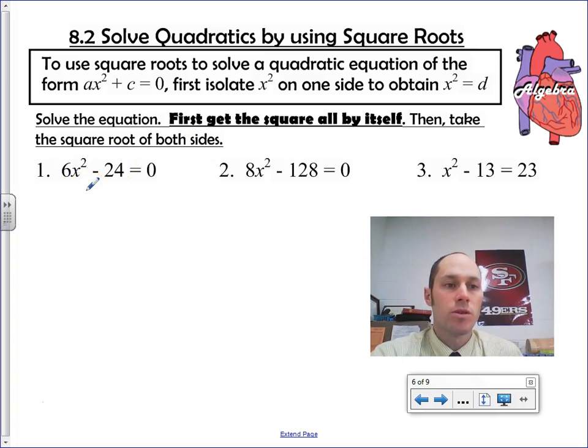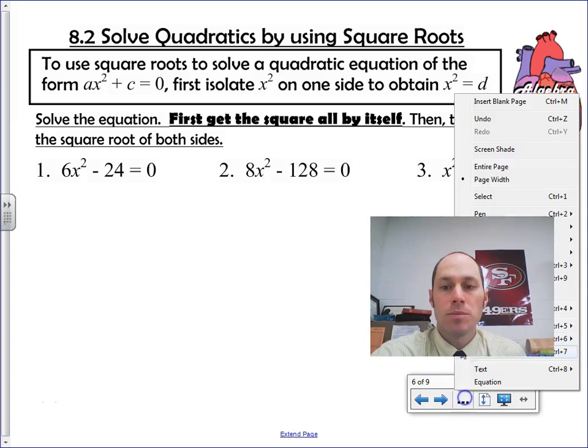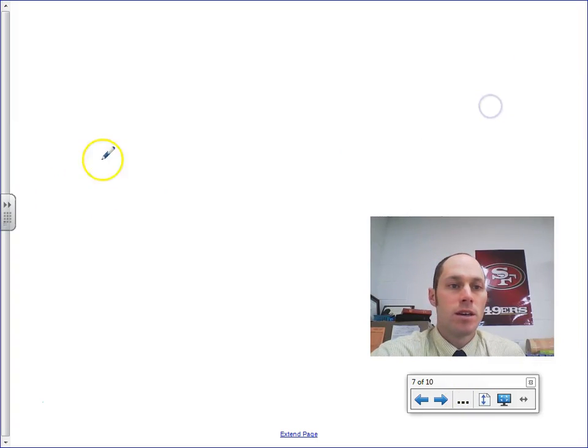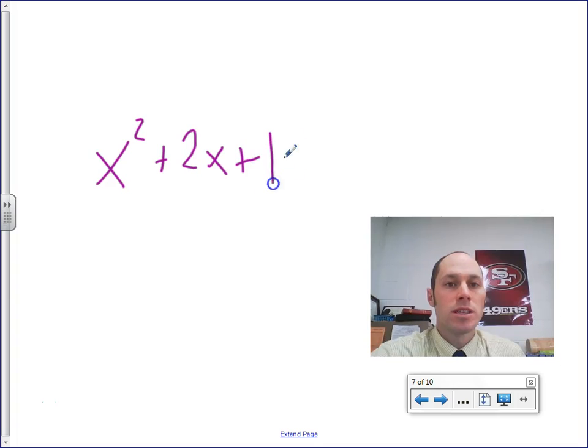solve by taking the square root. It's just like solving an equation. Notice in the ones we factored, for example, we had an equation like x squared plus 2x plus 1 equals 0. Notice I can't solve this for x because I've got two instances where x shows up.